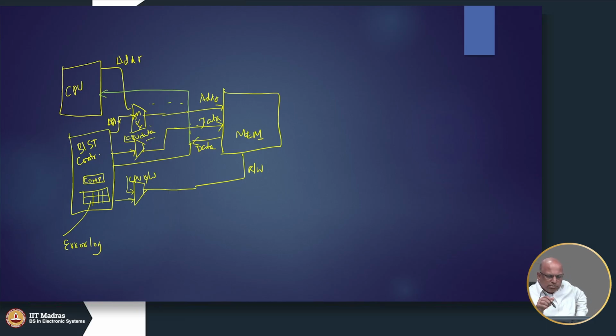So to practice memory BIST, you will need a BIST controller. You will need the muxes. You will need extra wires. Right? These wires were not there originally, right?